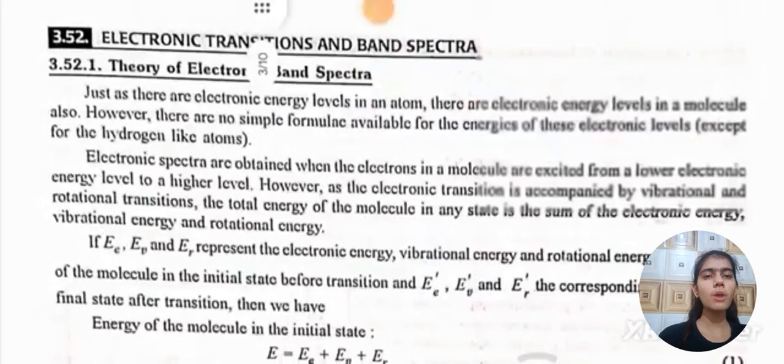Electronic spectra are obtained when the electrons in a molecule are excited from a lower electronic energy level to a higher level.